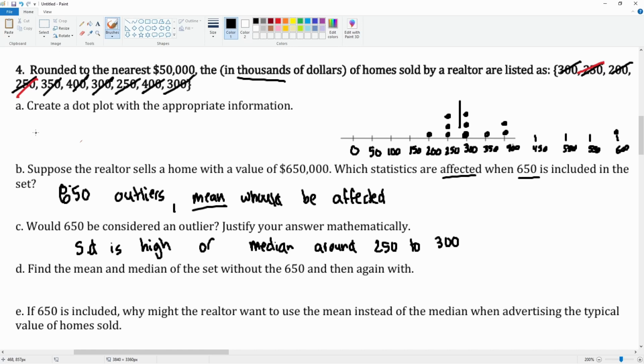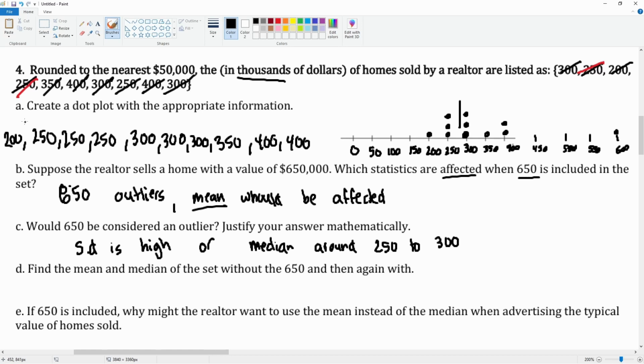So let's see, 250. Or I can just use a calculator. Now let's just type it out. 250 plus, no, sorry, there's a 200 plus 250 plus 250. There's 3 250s, 3 300s, and 1 350, and 2 400s, right?